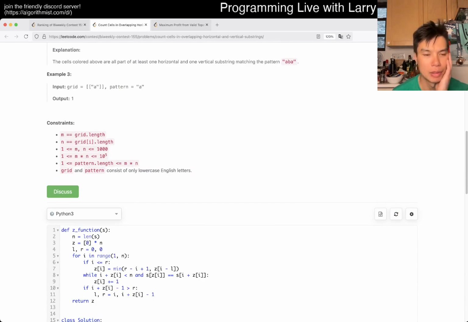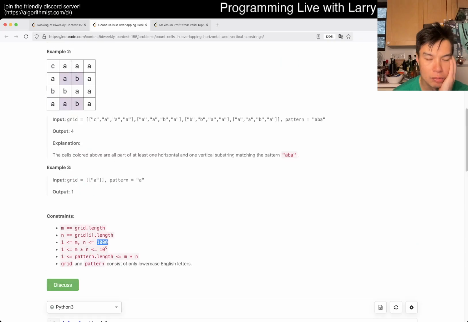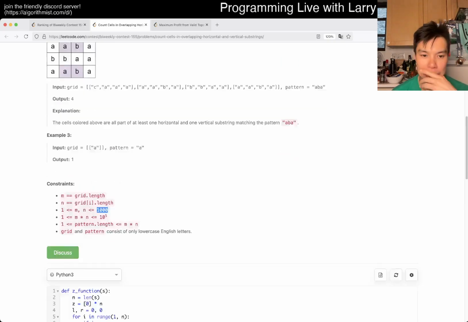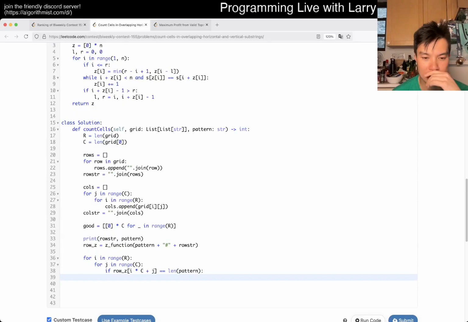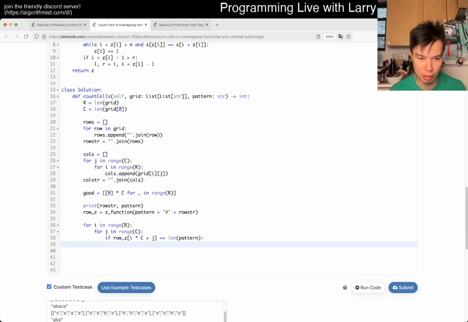But if all match, then we can't really do it, because I was going to do a for loop on the thing and on the pattern, but that's too much. No, that's okay. We could just do it once. I think that's okay.